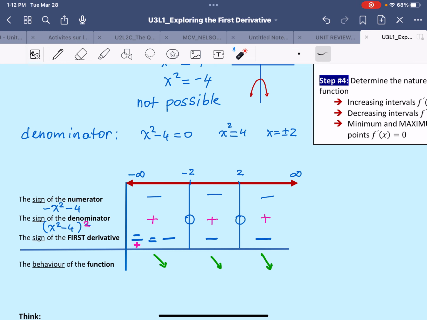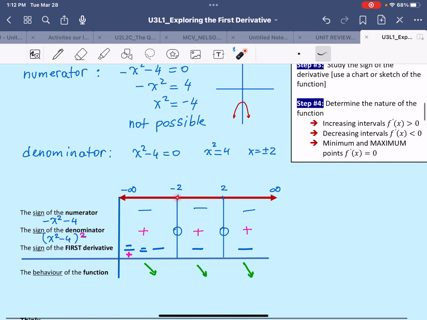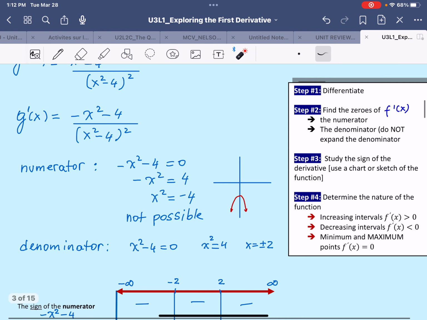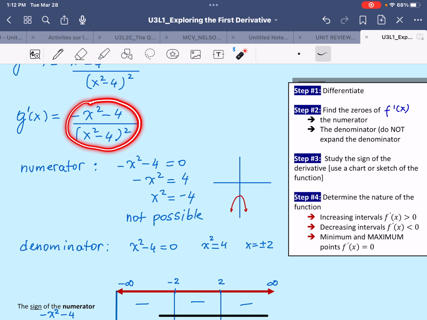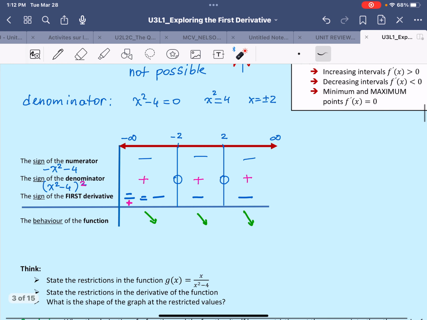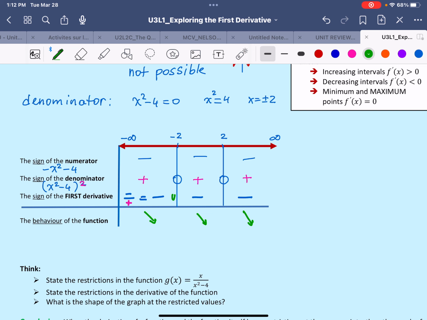Now, we are wondering what is happening exactly at these 2 points where the denominator was equal to 0. So let's discuss the first derivative first. At x equals negative 2 and positive 2, which are the zeros of the denominator, this derivative expression will be undefined. So we're going to say that the derivative is undefined.